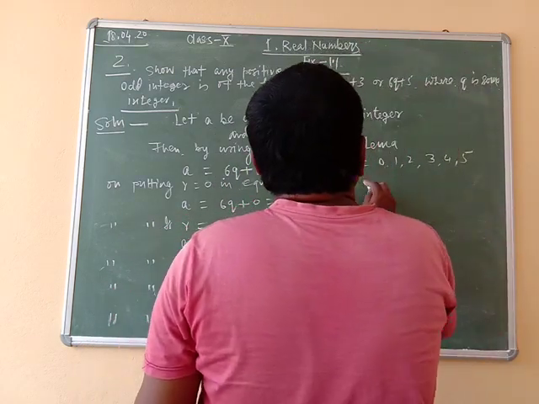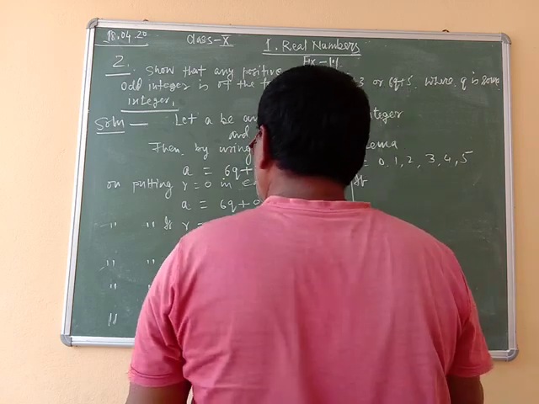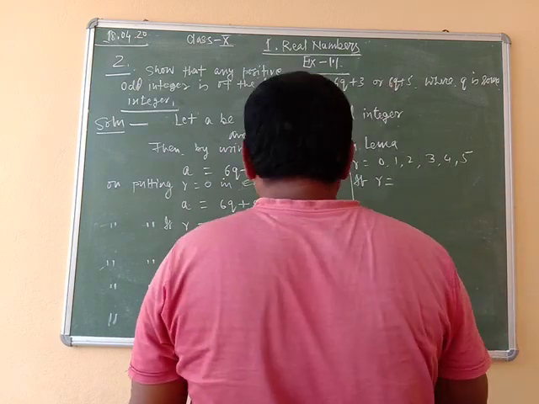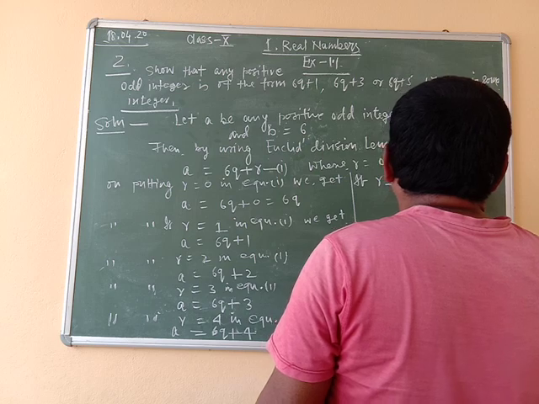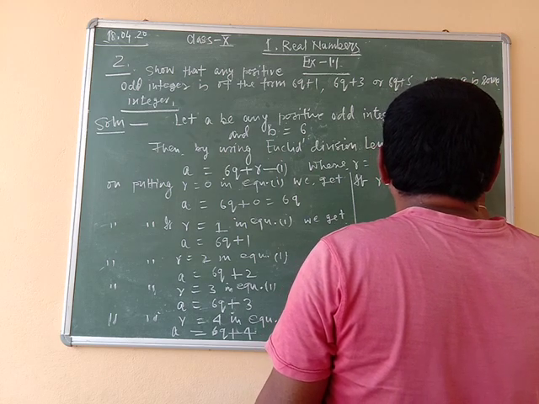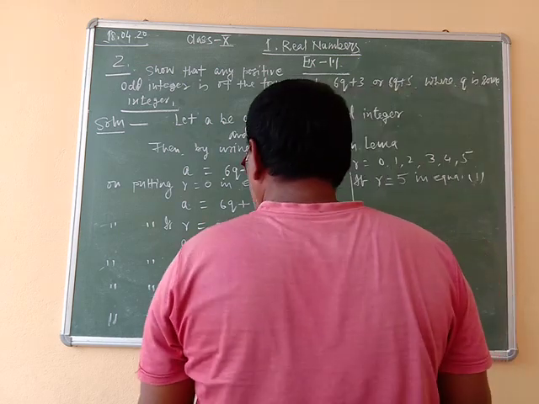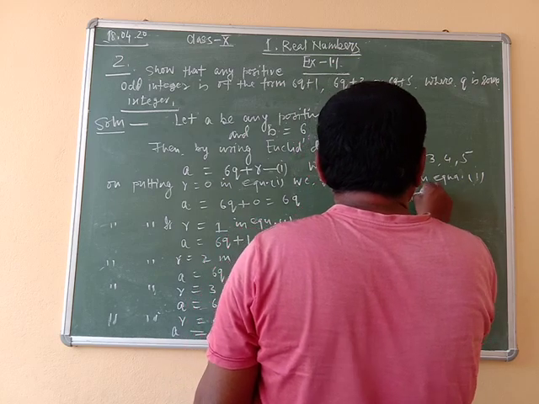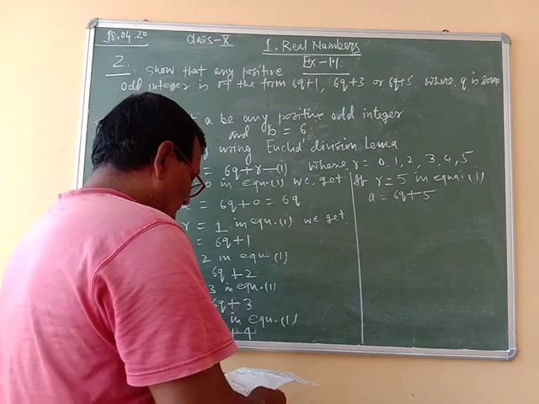Also, if r is equal to 5 in equation 1, a is equal to 6q plus 5. And the first case is 6q.